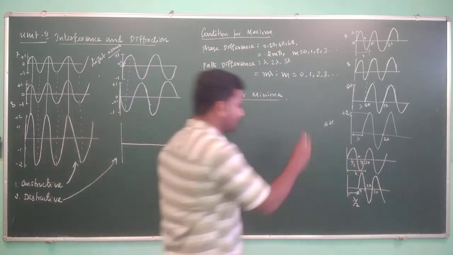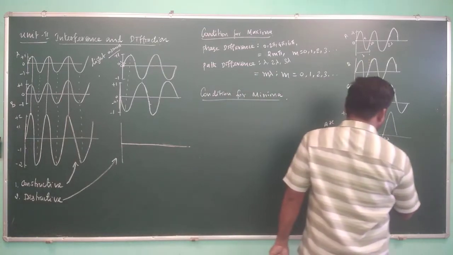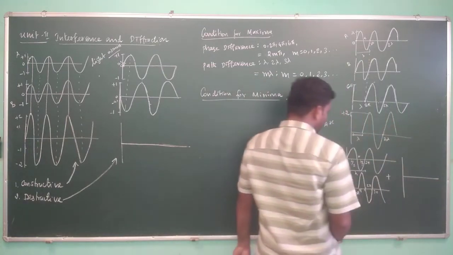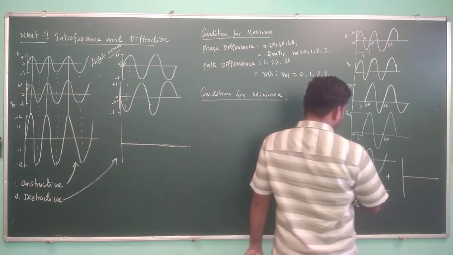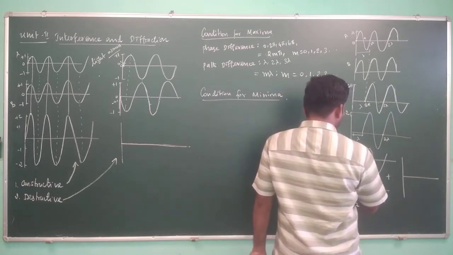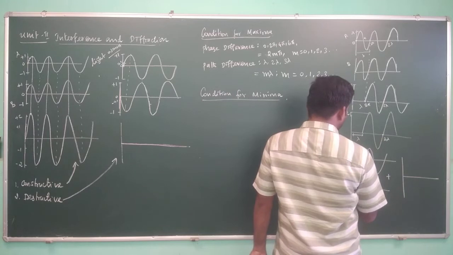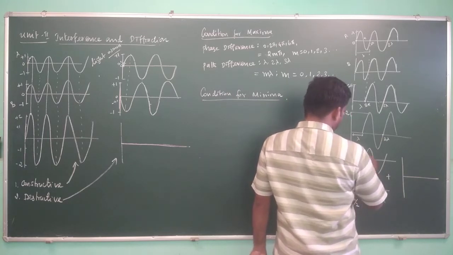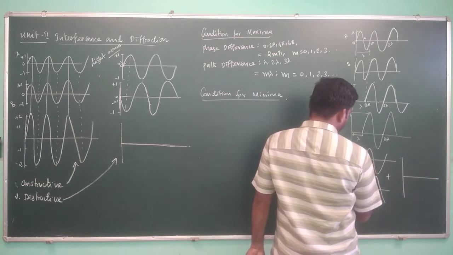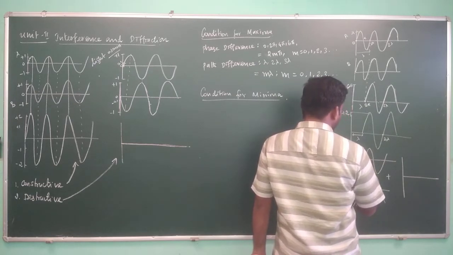Now what would be the resultant wave? If you add these two waves, what will you get? You can draw the resultant wave from this point. Here it is 0, here also it is 0. Here it builds up in the positive direction, while the other builds up in the negative direction.